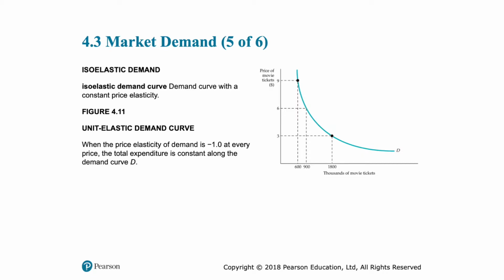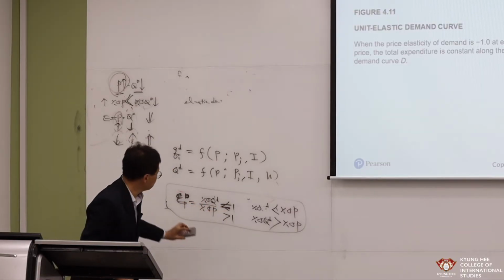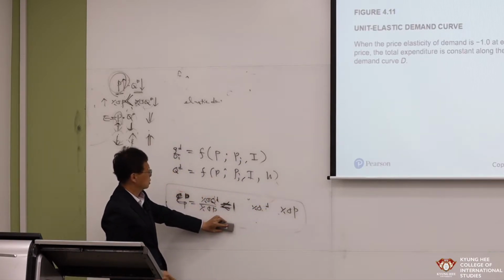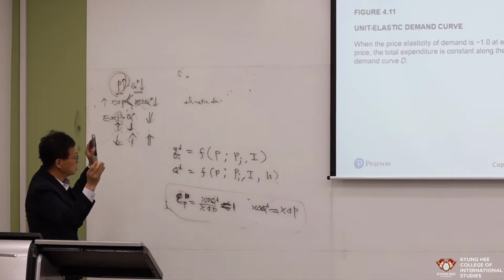Now think about the isoelastic demand curve. Iso means equal, so the elasticity is the same. That means elasticity is equal to 1. Then the percentage change in quantity demanded is equal to the percentage change in price.